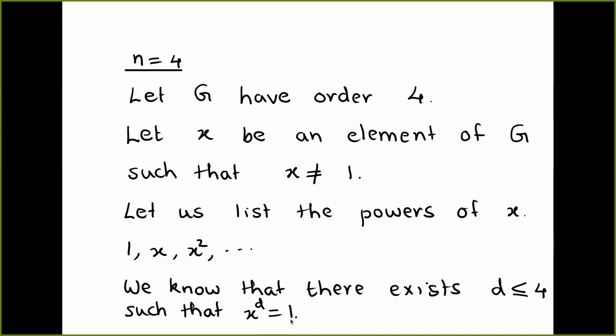So among these powers, x squared, x cubed, and x to the power 4, one of them has to be equal to 1. I know already that x is not equal to 1. That is my assumption. So x squared equal to 1, x cubed equal to 1, or x to the power 4 equal to 1. I will handle these possibilities one by one.